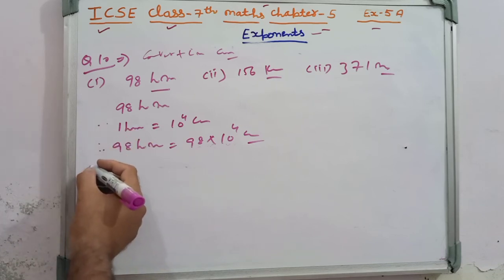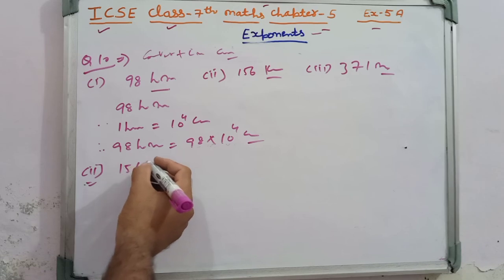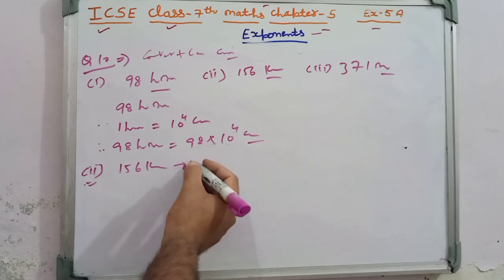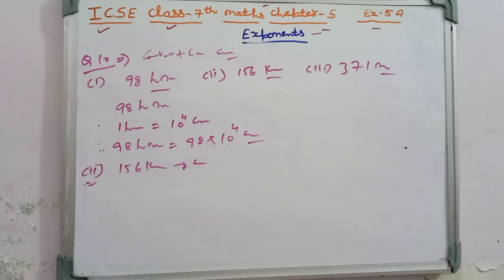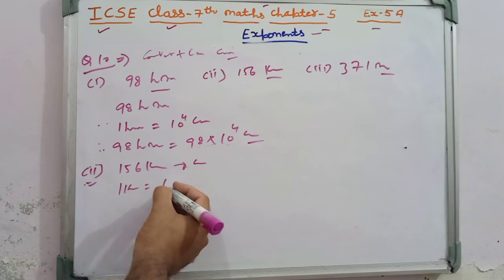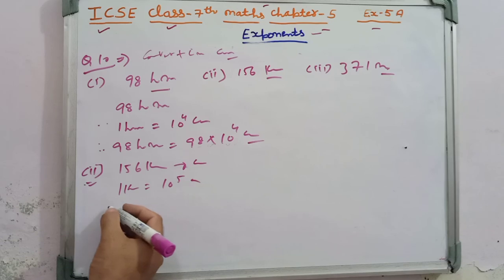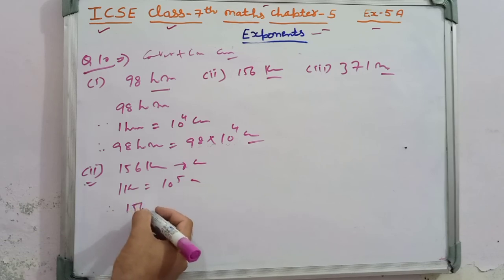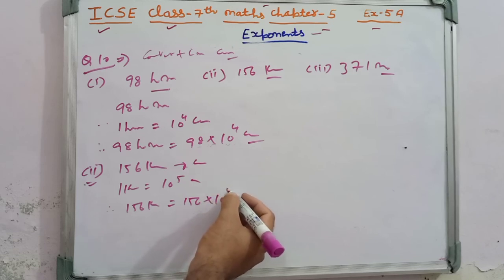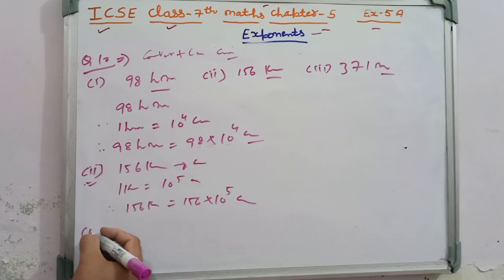In the same way, this is 156 kilometer. We have to convert it into centimeter. 1 kilometer is equal to 10 raised to power 5 centimeter. Therefore 156 kilometer would be 156 multiplied by 10 raised to power 5 centimeter.